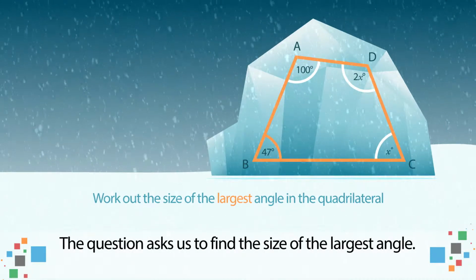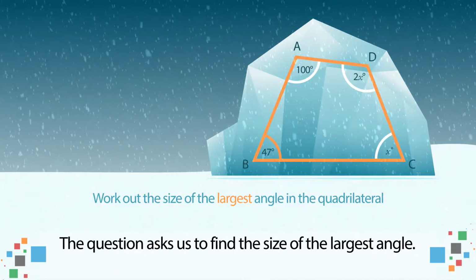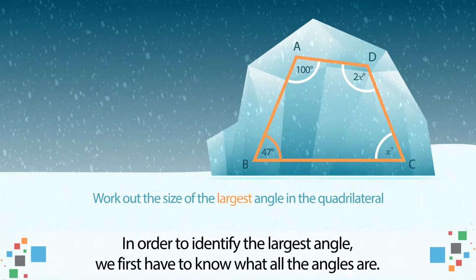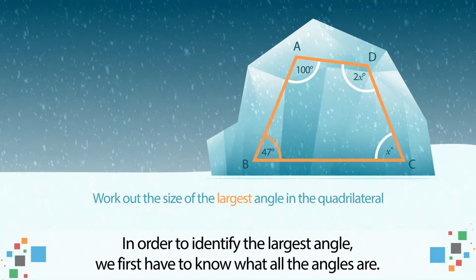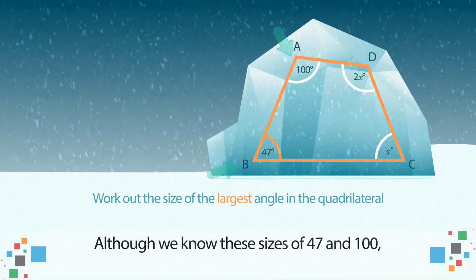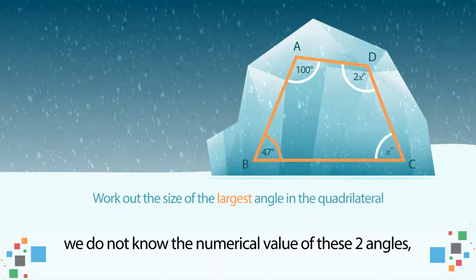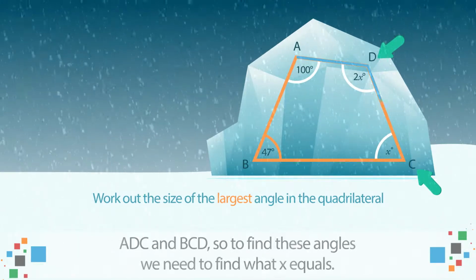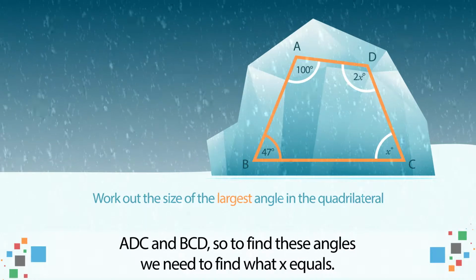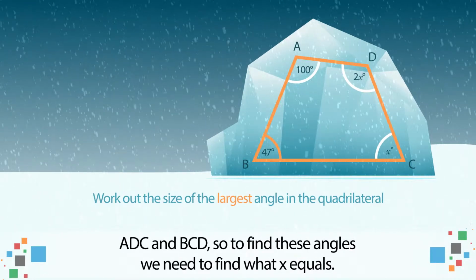The question asks us to find the size of the largest angle. In order to identify the largest angle, we first have to know what all the angles are. Although we know these sizes of 47 and 100, we do not know the numerical value of these two angles, ADC and BCD. So to find these angles, we need to find what x equals.